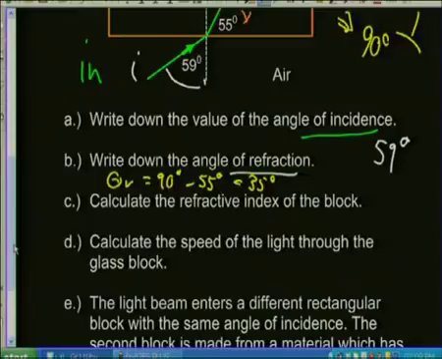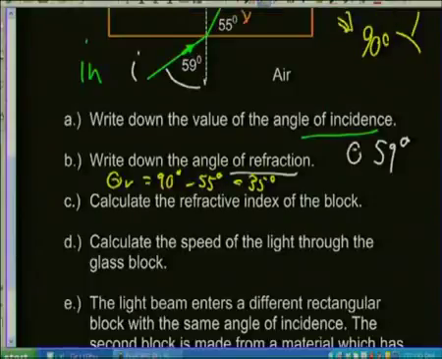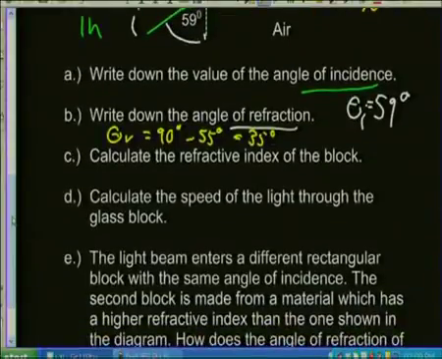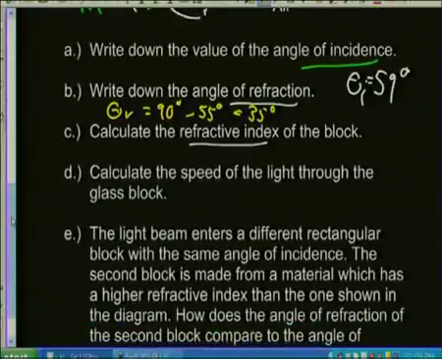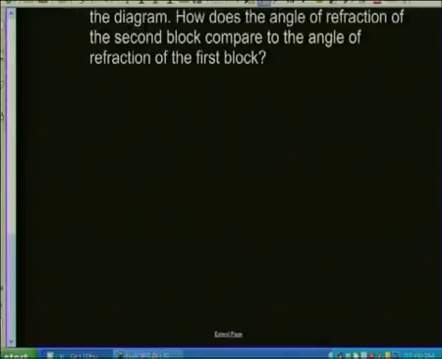So what we've got so far is the angle of incidence, and we've got the angle of refraction. It now tells me to calculate the refractive index of the block. So here I'm going to use Snell's law. So what do we recognize?